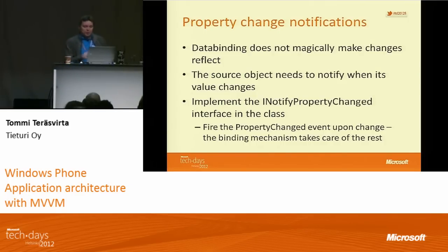There's a demonstration not on data binding but on MVVM, and it uses data binding, so we'll see at least brief glimpses of code, how we do property changes, data binding and other things.